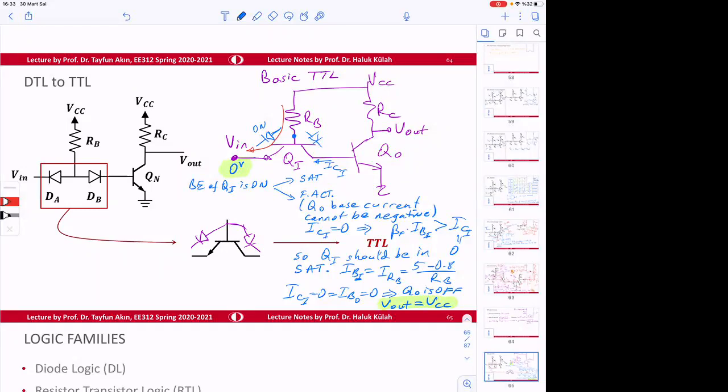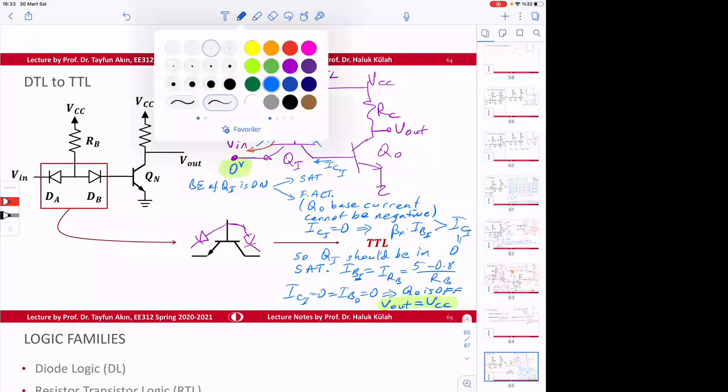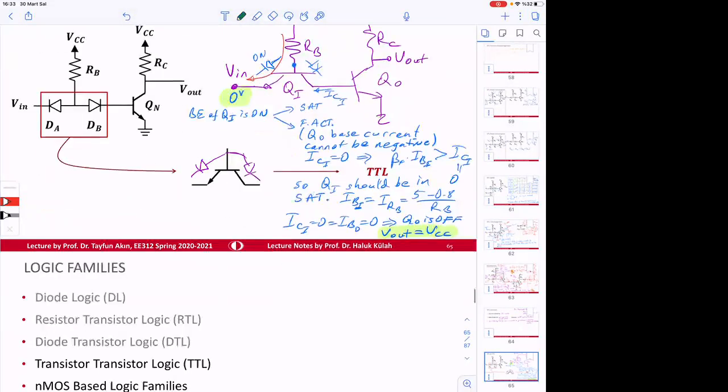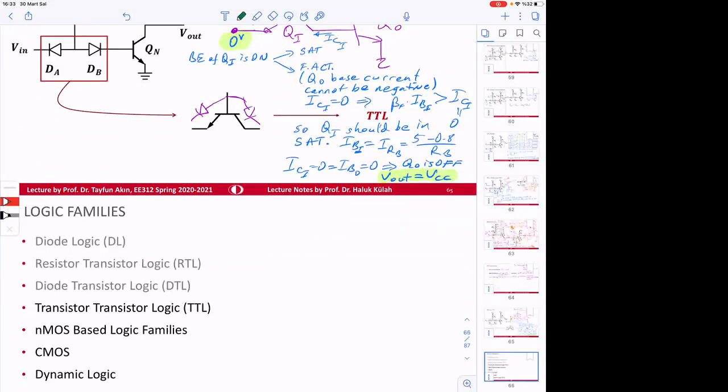The other extreme is this case. Let's draw it again, maybe here with the green. Maybe it's better to draw it again. Oops, sorry.